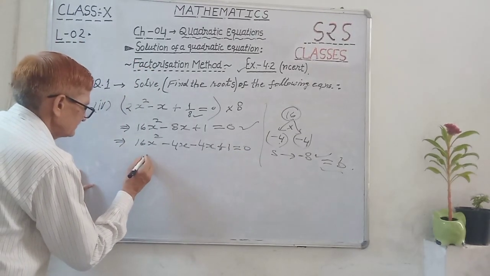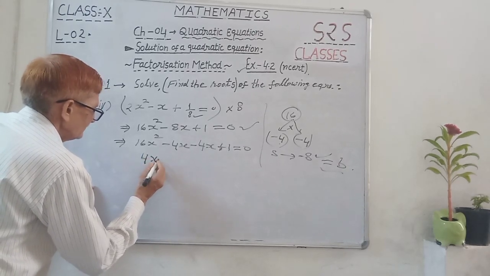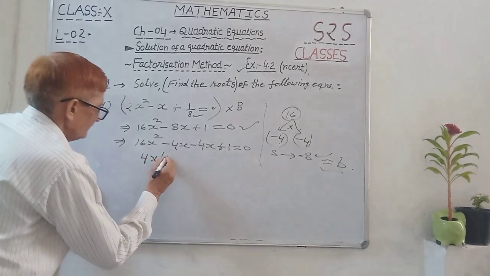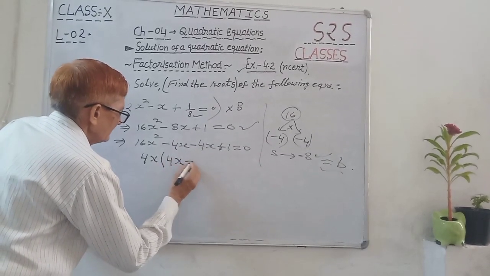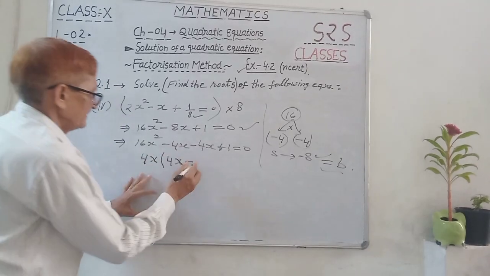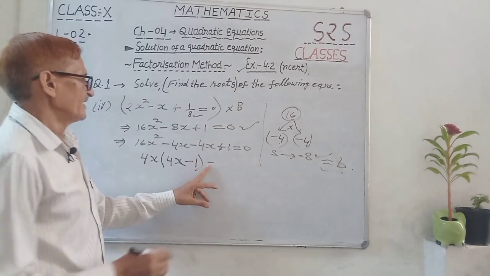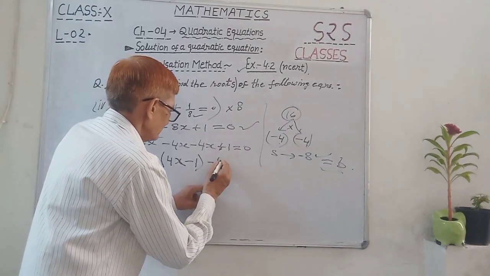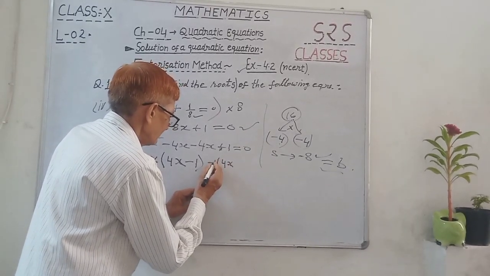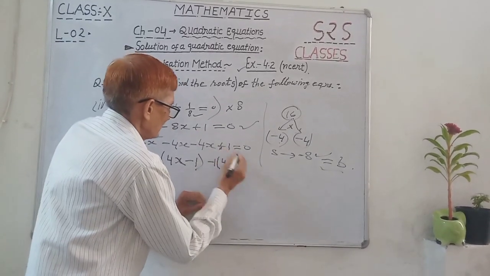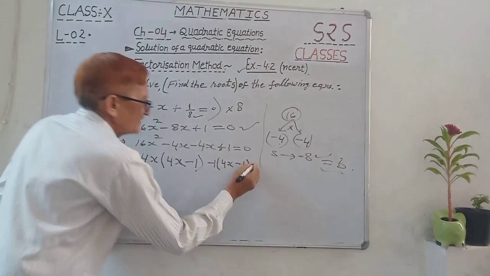Now 4x is common in 16x square and 4x, then 4x left, and minus 1 common from the rest, then minus 4x becomes plus 1 only with the sign change, because minus sign is common, so the sign will change.